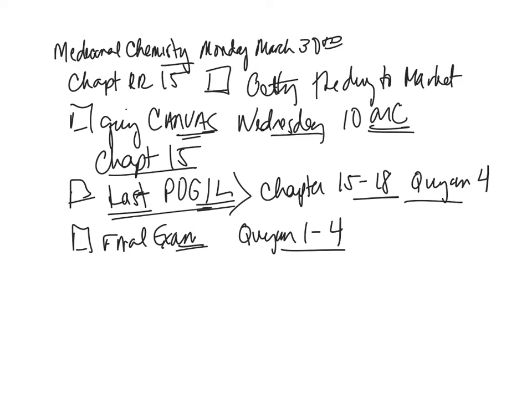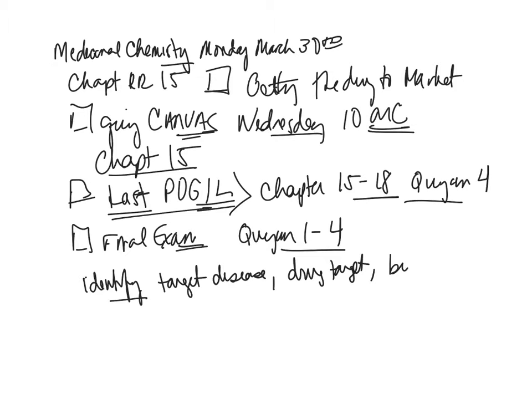Okay, so let's go over chapter 15 and the concepts. So we're talking about getting a drug to market. So you've already done some of the processes, like you've identified a target disease, you identify a drug target, you establish the bioassays in order to evaluate your compound.